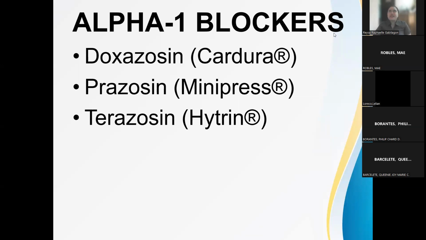So sa hypertension, maraming involved na parts ng body, maraming involved na receptors. So di ba we started with the diuretics na yung action is on the kidneys. Okay? And then we have the drugs that alter sympathetic functions like directly to the neurons. And then meron tayong beta blockers.